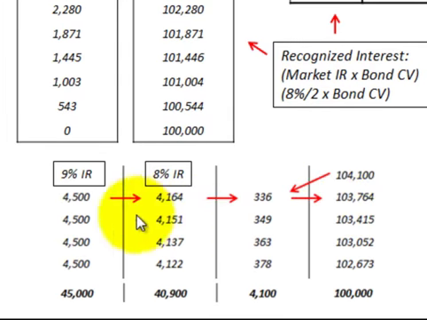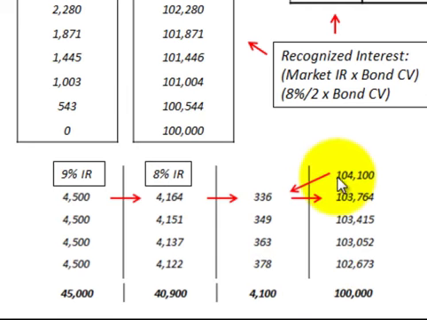In this case, it would go down to $103,764. So we just continue the process: we have our payment amount, then we determine our interest expense for the period. You subtract the two and you come up with the amortized premium amount. Then you subtract that from the previous carrying value of the bond, and you get the new carrying value. After we amortize this premium down to a zero balance, it would be a $4,100 premium amount that we amortized.